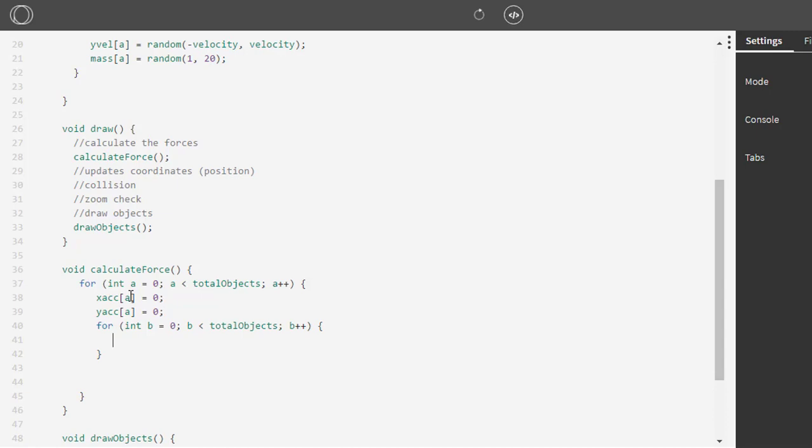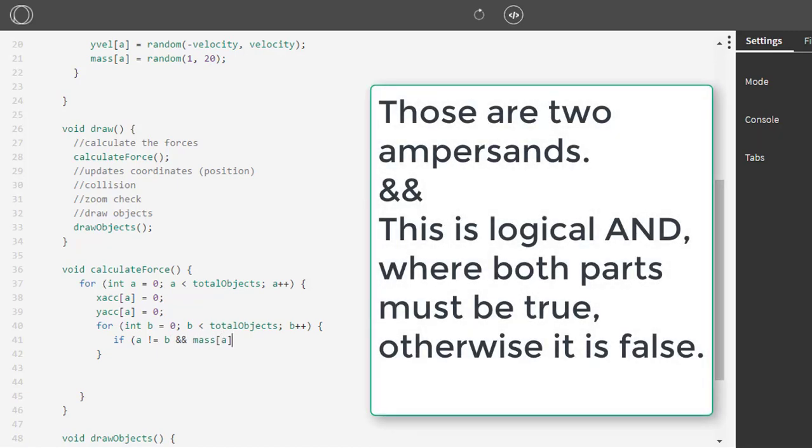And consider the force on A based on object B. So to begin with, I better make sure that I don't consider myself, because the force of myself might lead to a division by 0, because the radius would be 0. And then I want to watch out, once again, for any objects that I've removed. And the way I'm checking for that is making sure the mass is not 0, which also might lead to a division by 0 problem, which is why I'm doing it this way.